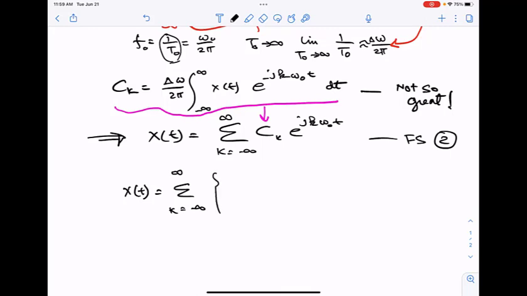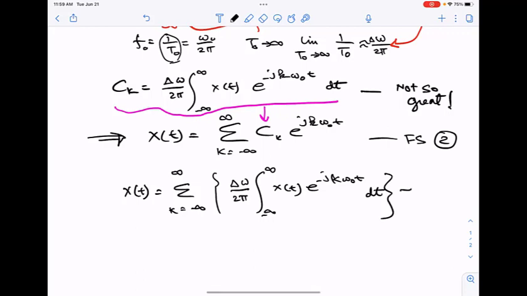Now I'm going to plug this whole thing for that, and I write delta omega over 2 pi, integral from minus infinity to plus infinity, x of t, e to the minus j k omega 0 t dt, and then this term goes here, e to the j k omega 0 t.